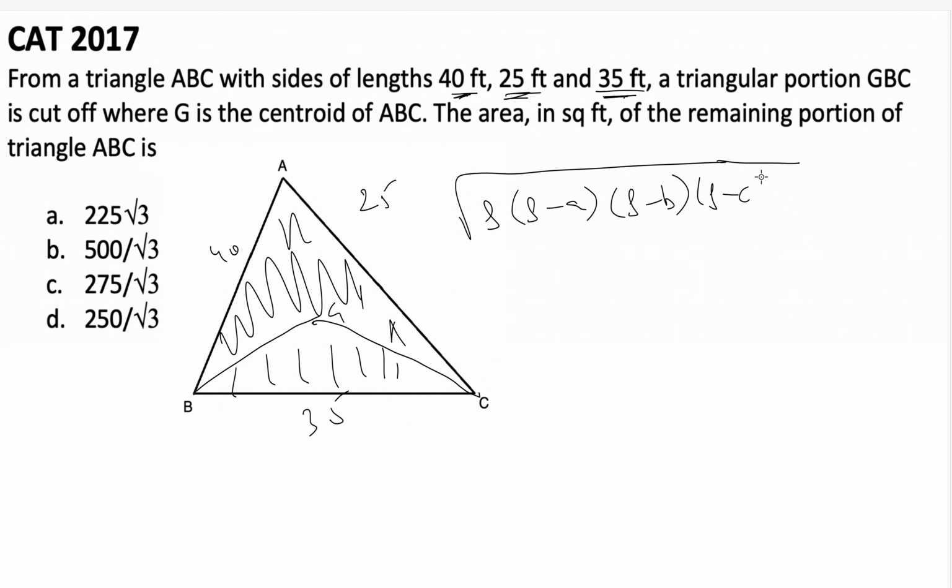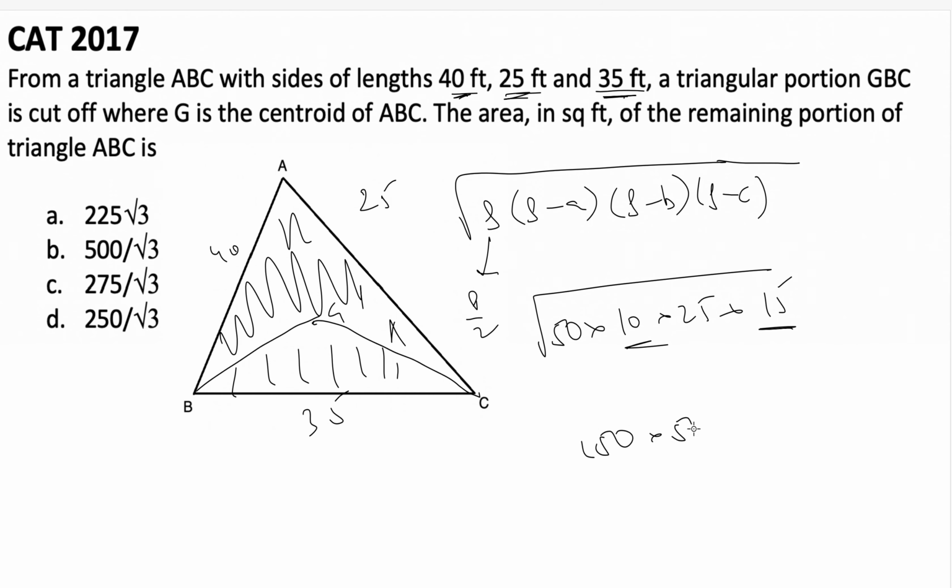You can click on the eye icon at the top to watch it. S into S minus A, S minus B, S minus C, where S is semi-perimeter, perimeter by 2. Perimeter is 100, so S becomes 50. 50 minus A, 40, 10 into 25, 50 minus 35 is 15. Now 10 to 15, 150 into 50 into 25.